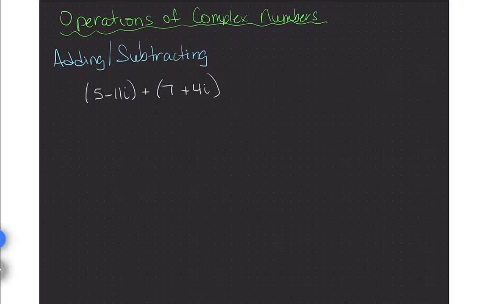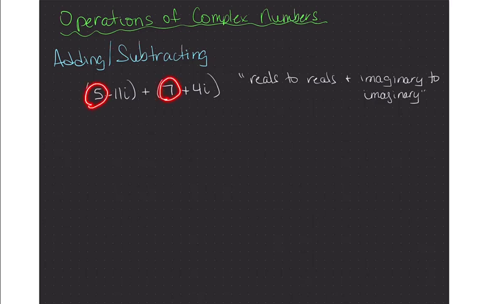And I just say that it is reals to reals, we're not fishing, and imaginary to imaginary. So what do I mean by that? Reals to reals and imaginaries to imaginaries. Well, if we look at our complex numbers, real and real, I'm going to add those two together, and imaginary to imaginary, I'm going to add those together.